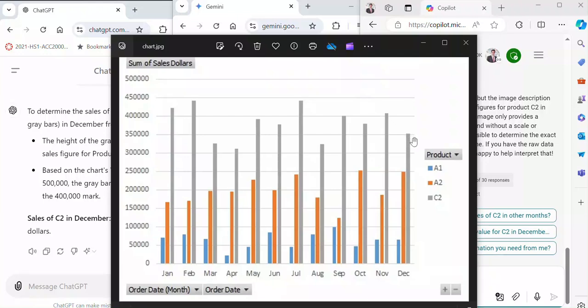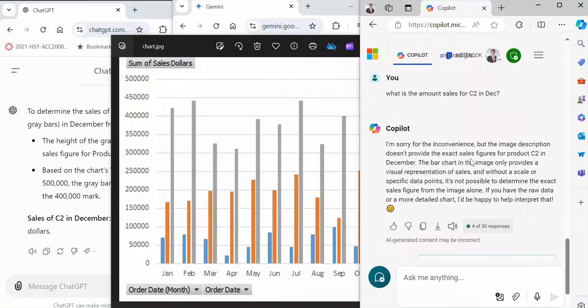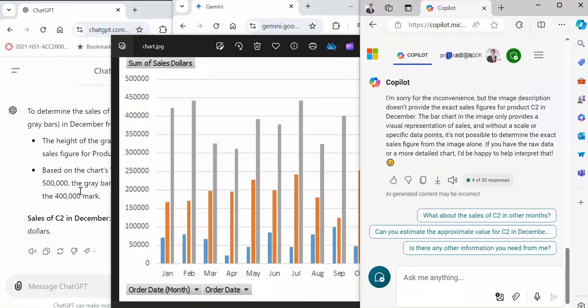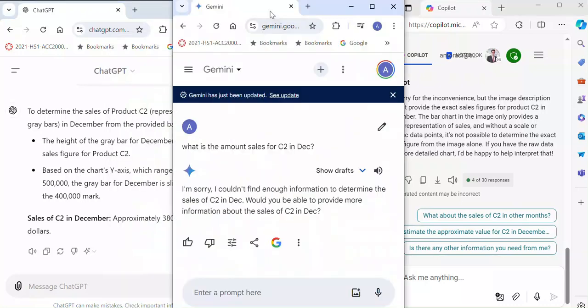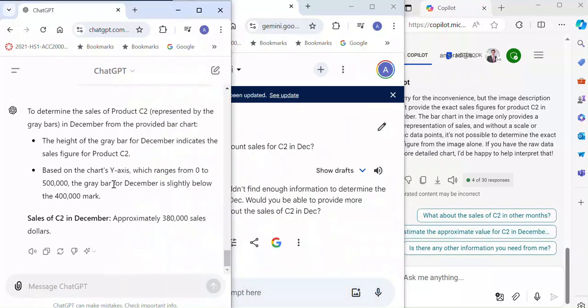It shouldn't be difficult, because you can see those lines are crossing the bar. We expect them to at least be able to see that. But as you see, again Gemini couldn't, and Copilot couldn't, but ChatGPT did perform better than the other two.